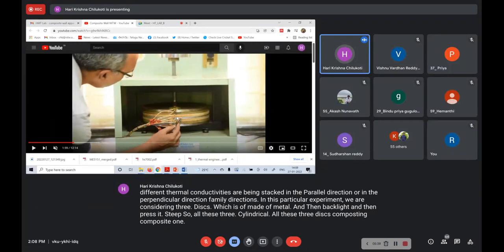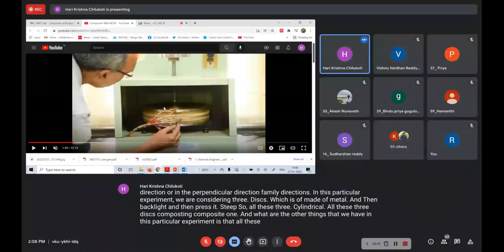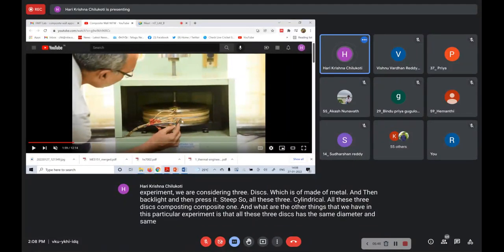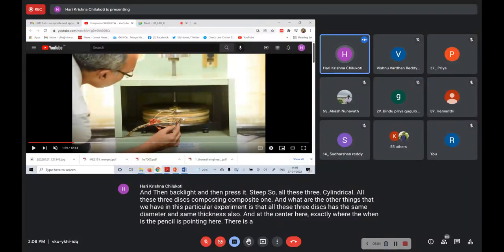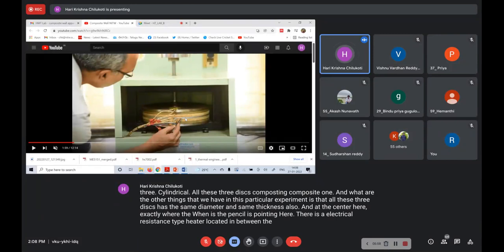All three discs have the same diameter and the same thickness also. At the center here, exactly where the pencil is pointing, there is an electrical resistance type heater located in between the aluminum plates.